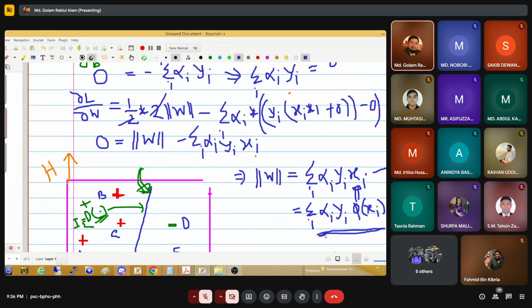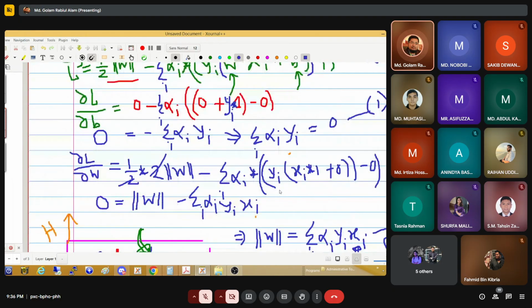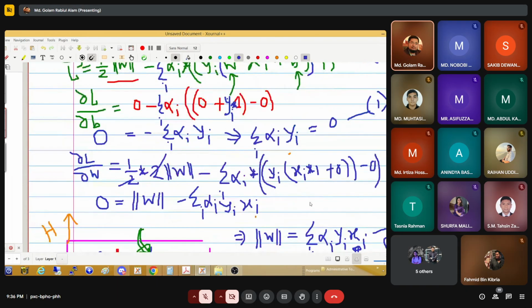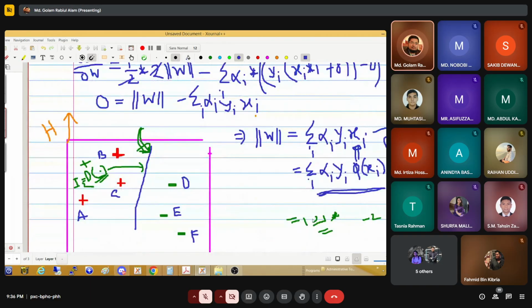So that means after transformation of the x, w equals summation of alpha i, yi, xi. Now based on these two equations, equation number 1 is summation of alpha i, yi equals 0, and w equals summation of alpha i, yi, and xi.